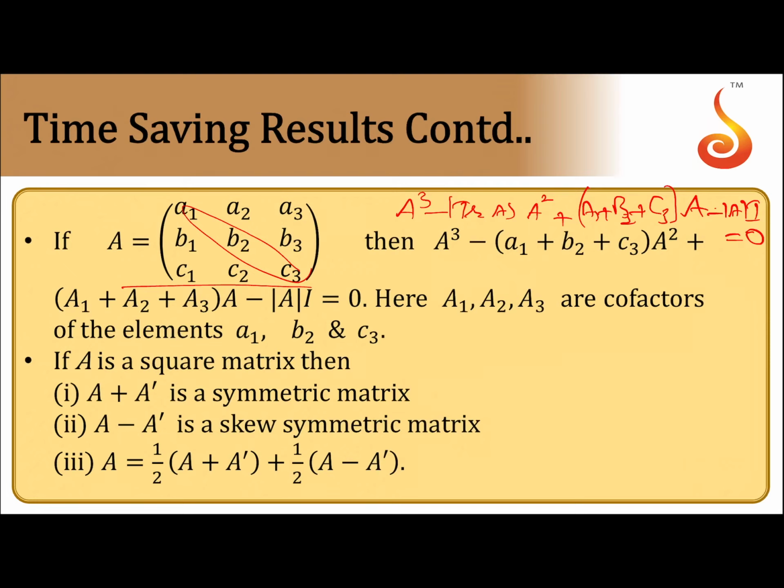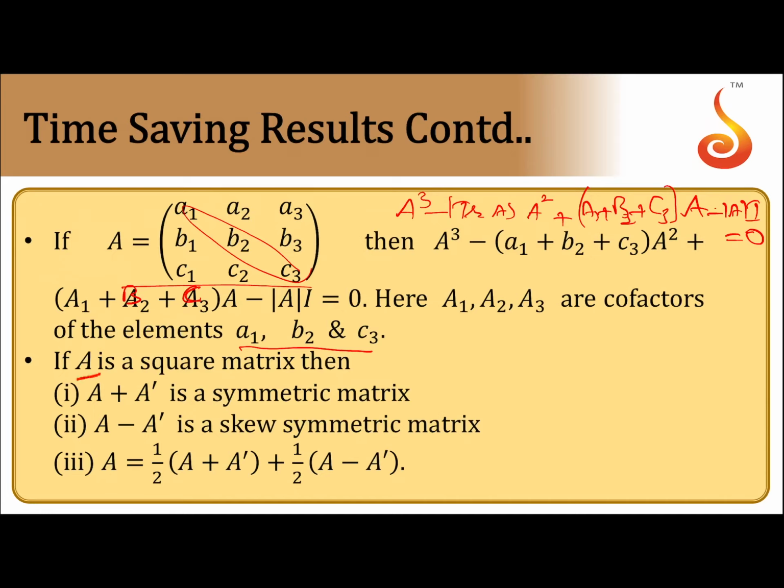This is actually the property. This is B2 and this is C3. So this is how we describe the polynomial of a matrix, I mean, a matrix A satisfies this polynomial equation. Of course, A1, B2, C3 are the cofactors of the elements in the diagonal.